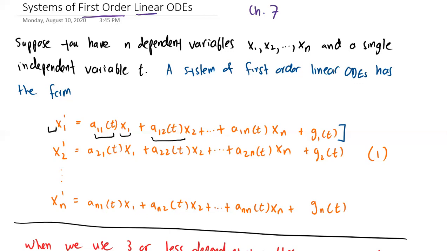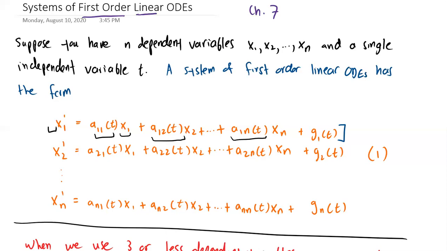Same for all of the other dependent variables. Remember that the function x sub i is the same as the zeroth derivative of the function. So every term that has a derivative has a coefficient that is a function of t.